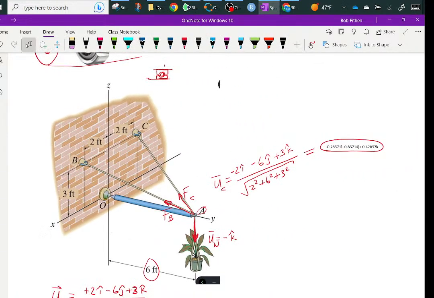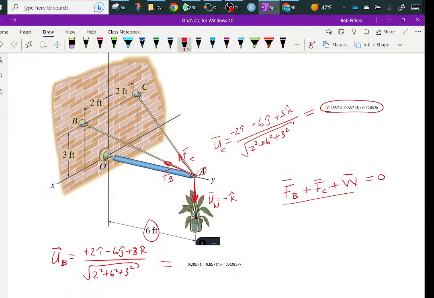Then basically, I'm going to have FB plus FC, the vector, plus the weight equals 0. Sum of all the forces equal nothing. So what I'm going to end up with is this vector minus 0.28571 minus 0.85714. I'm copying this straight down.